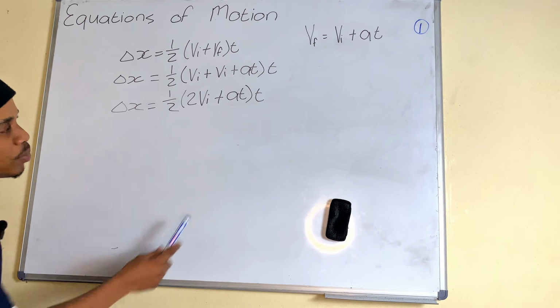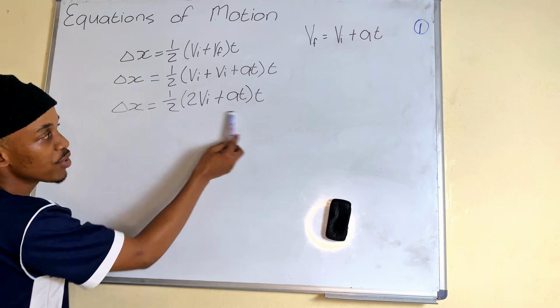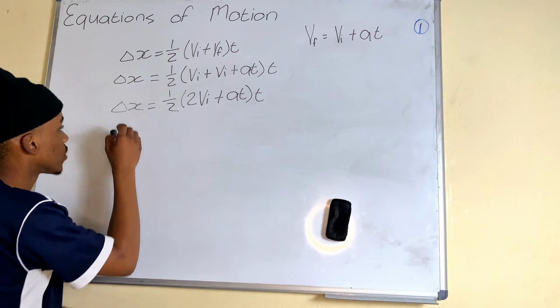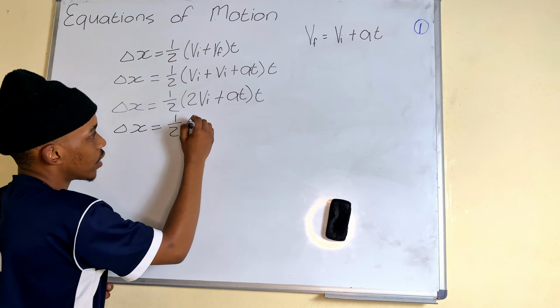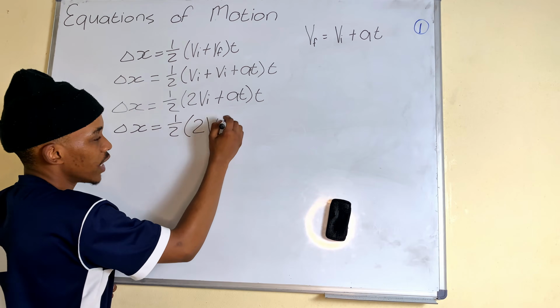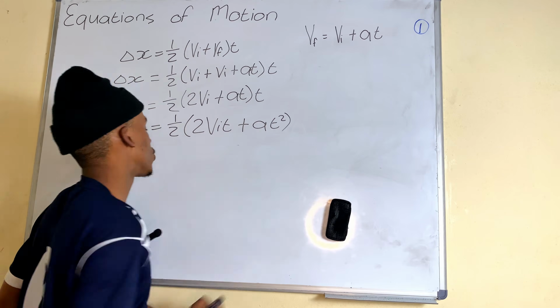We can now multiply the t that we have outside of the bracket with everything inside the bracket. This will give us 2vit plus at squared.